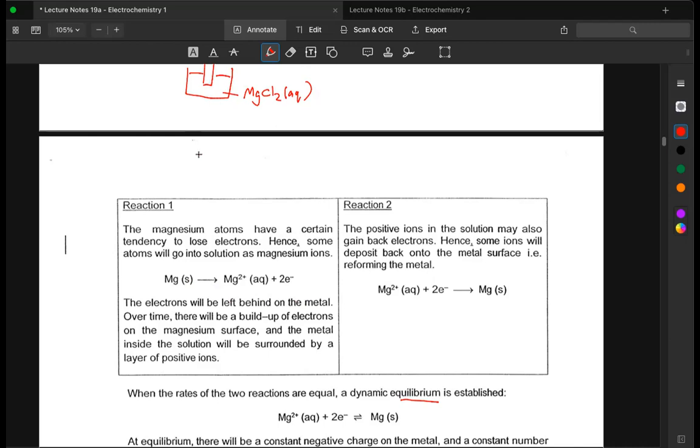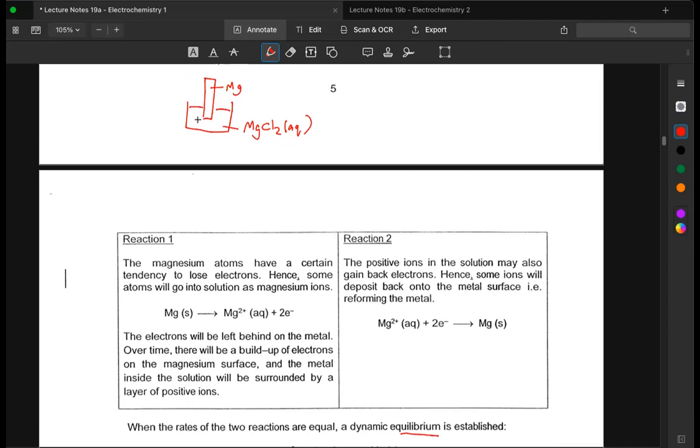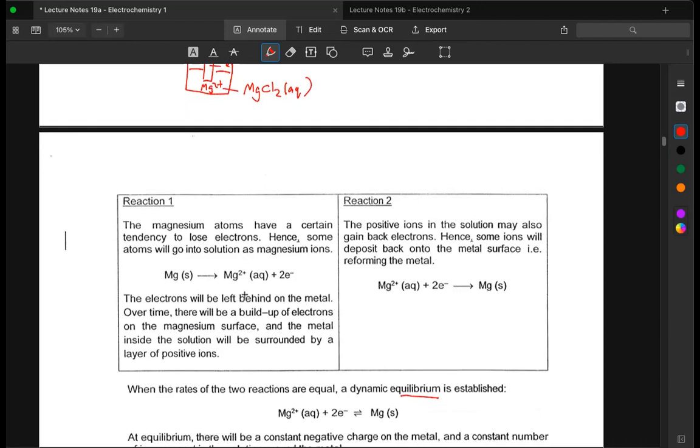What happens is that the electrons will just be left on the metal. The electrons don't go into the solution. It's the ions that go. So there will be ions here. The electrons will remain on the rod itself, the metal rod. Remember that, this is important. The electrons don't go into the solution.